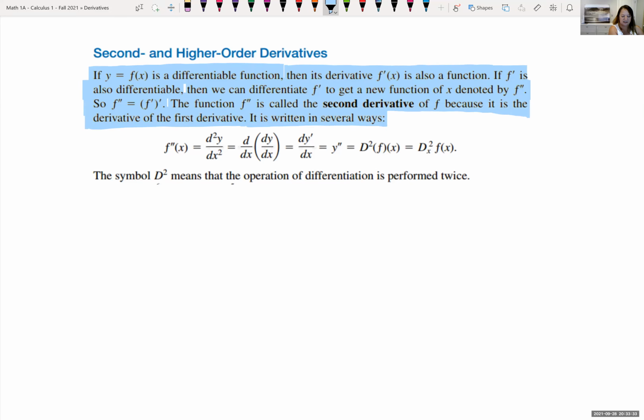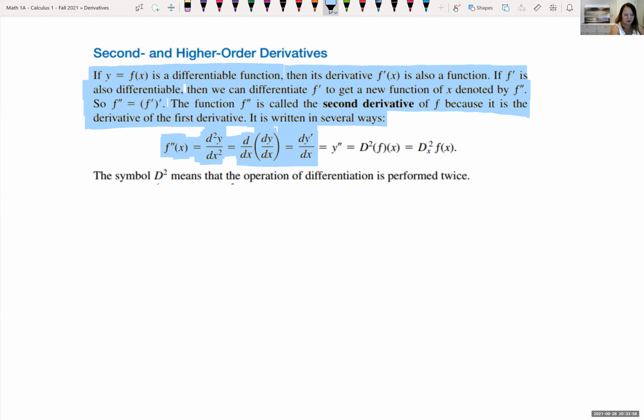It is written in several different ways. So we can use the prime notation, and d squared y over dx squared. This is saying we're going to take the derivative d dx of dy dx, which is the derivative of y with respect to x.